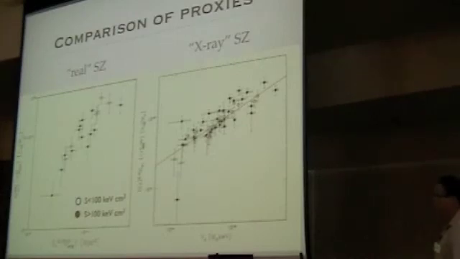But you can also construct a similar relation from the X-ray data. It's basically the pressure, the YX here is the gas mass times the temperature in the cluster. And in simulations, that is supposed to be very, very tight. Although it's quite a tight relation, the observations don't quite support it.